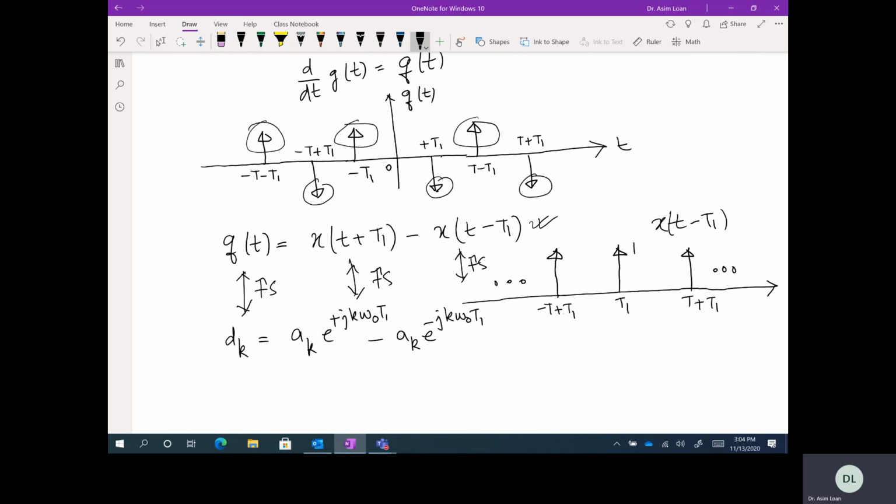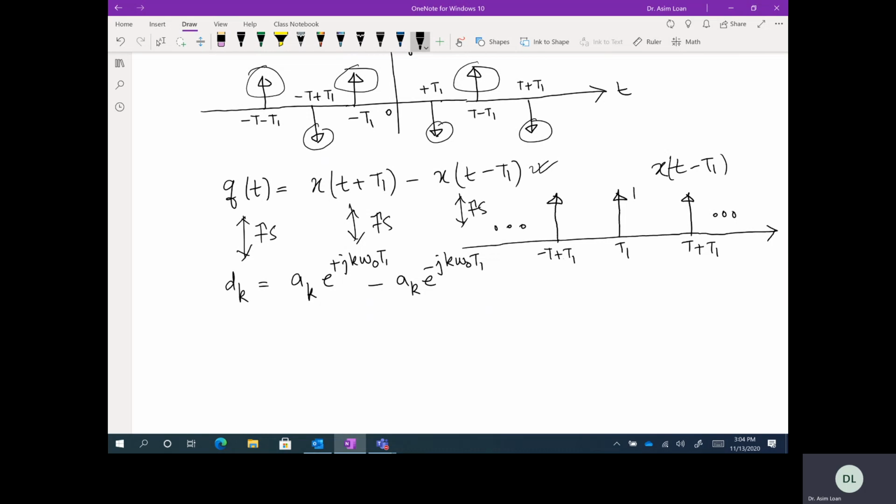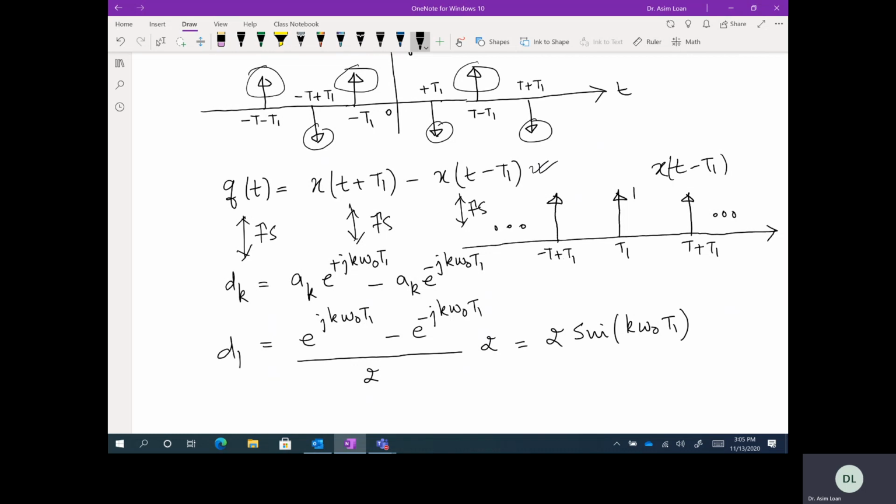So we have used the time shifting property here. But what is ak? Ak is 1 over t. So this is simply e j k omega naught t1 minus e minus j k omega naught t1, divided by 2 and multiplied by 2. So this is simply 2 sine k omega naught t1. Okay, so dk's are 2 sine k omega naught t1.